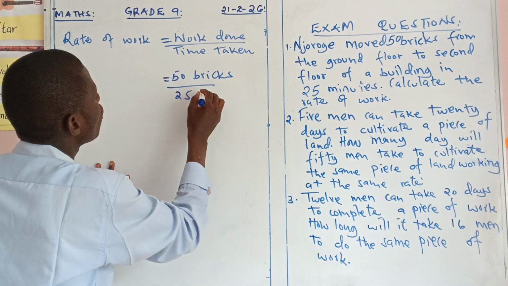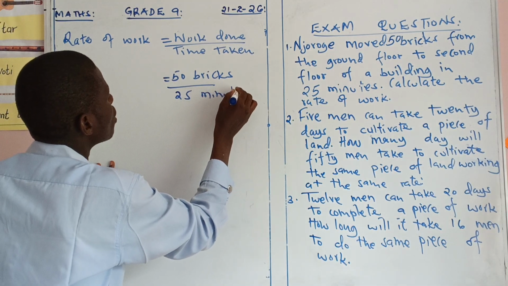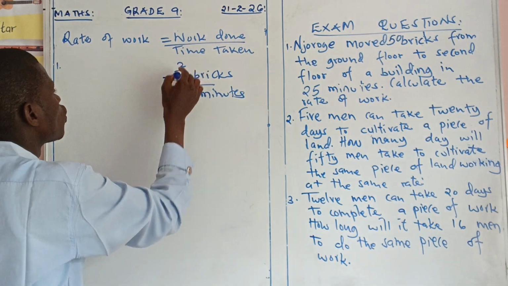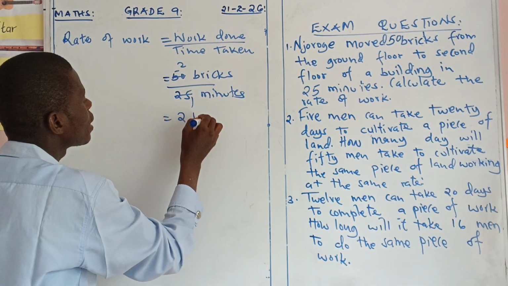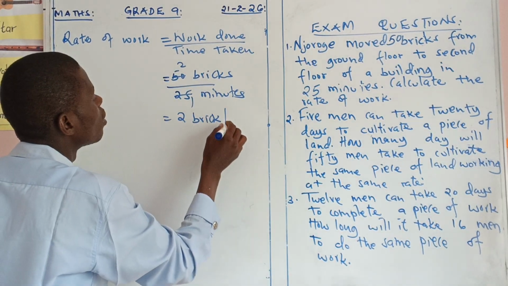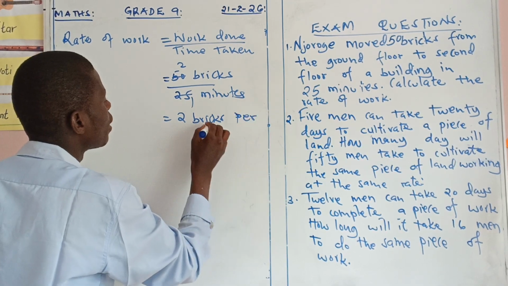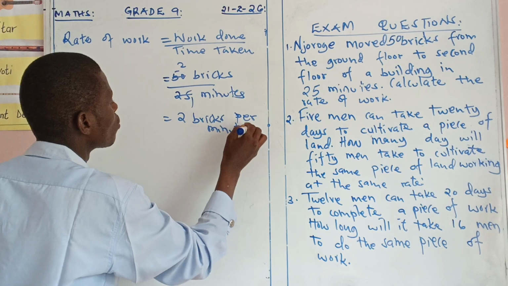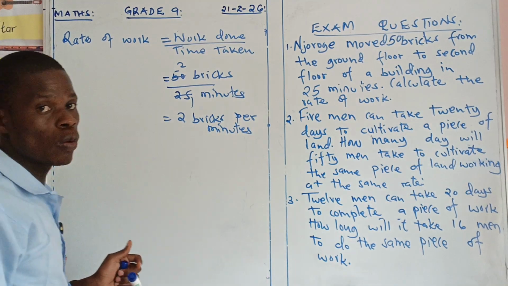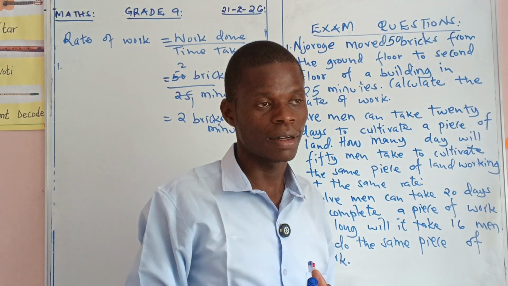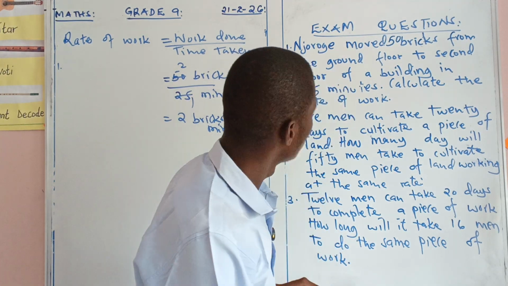So it is over 25 minutes. So rate of work here is 25 goes into 50 twice. So it is 2 bricks each and every minute. 2 bricks per minute. That's now our rate of doing work.